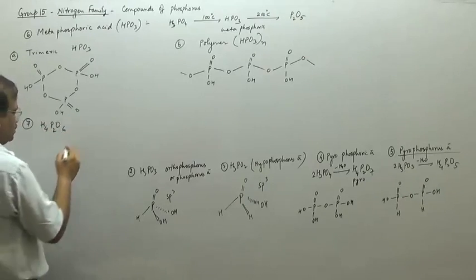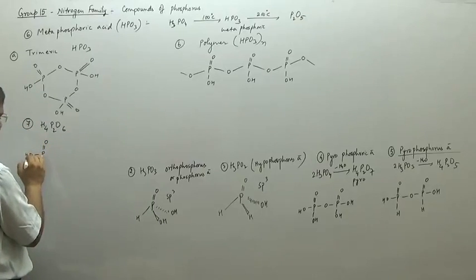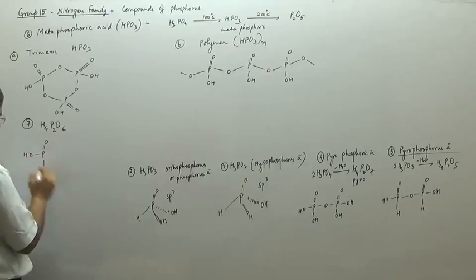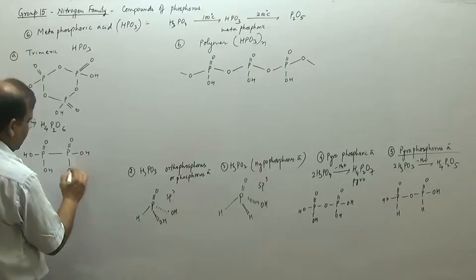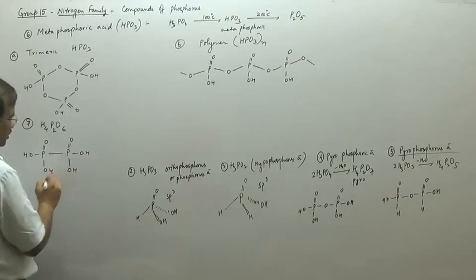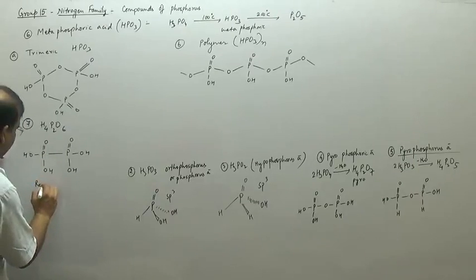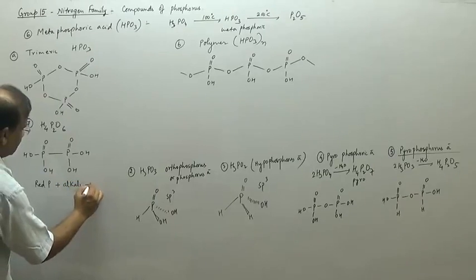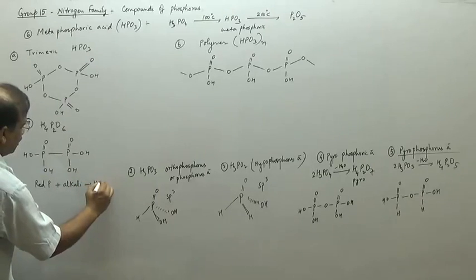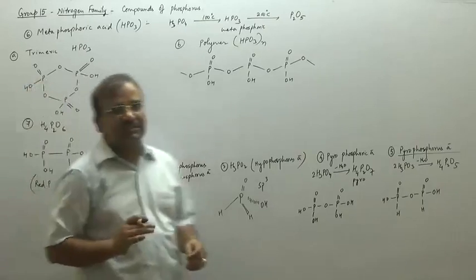The structure of this will be like this: double bond OH, then 4 OH, with a phosphorus-phosphorus bond in this. So I can write like this; that is the structure of this compound. It is prepared easily by reacting red phosphorus with alkali. With red phosphorus and alkali, we get the product H4P2O6.